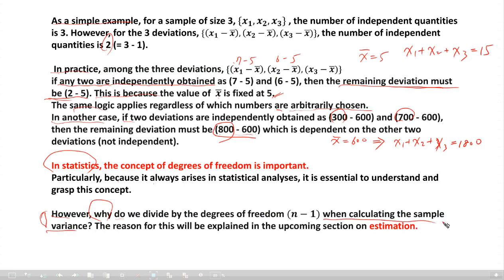There is a theoretical basis. The reason will be explained in the upcoming section on estimation. So you have to wait until we study estimation, then it will be clear.